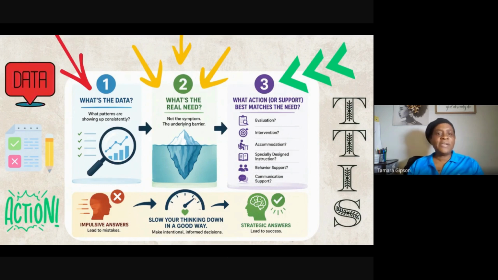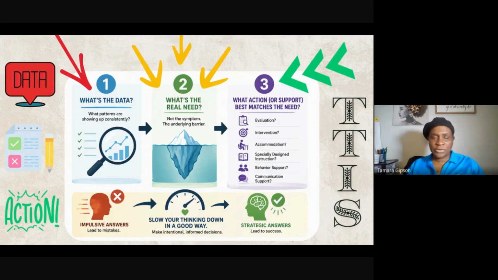Is it a need for an evaluation, an intervention, an accommodation? Do you know the difference between accommodation and modification? And then, of course, how can we design this to help with maybe behavior support or communication support? But again, I have to start with the data.